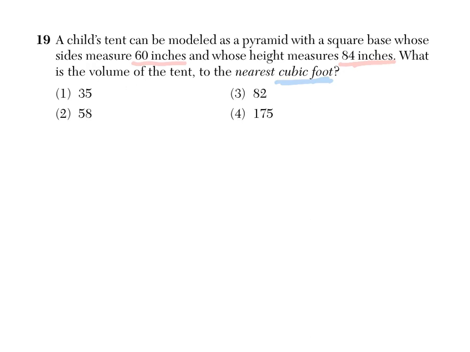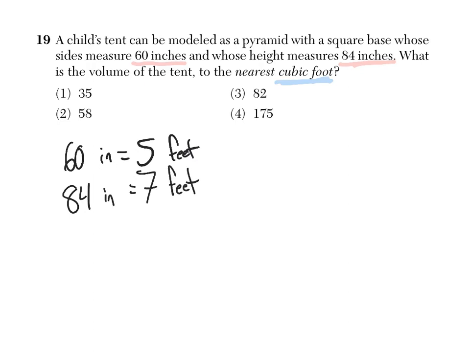And I remember that 60 inches equals 5 feet, and I know that 84 inches equals 7 feet. Right? You can take 60 divided by 12, 84 divided by 12. Amazing. And I also recall that the volume of a pyramid is 1/3 base times height. All right, so let's plug in these values. We now have our information in the unit that we're going to be using for our final answer.